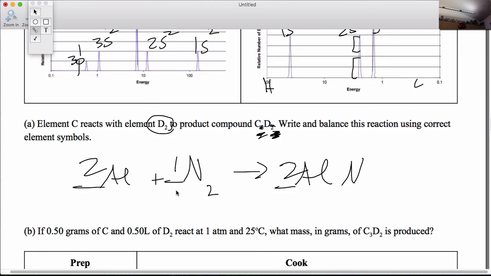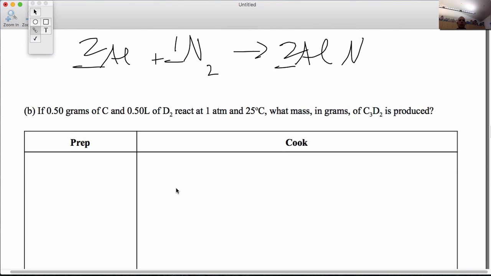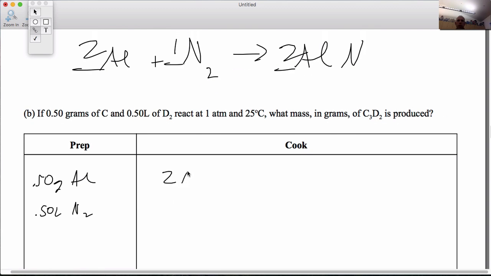Super easy. My bad on that. Okay, so we do a little stoichiometry. If 0.5 grams of element C, which we know is Al, reacts with 0.50 liters of element D2, which we know is N2, what mass of product is produced? So let's first write our reaction and do our BCA table here.